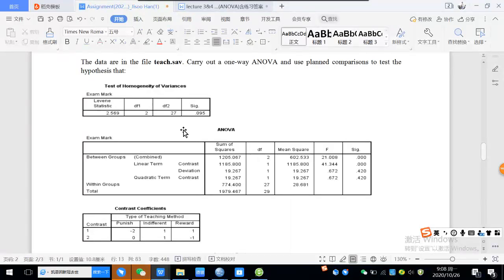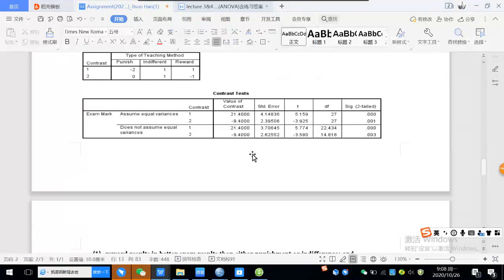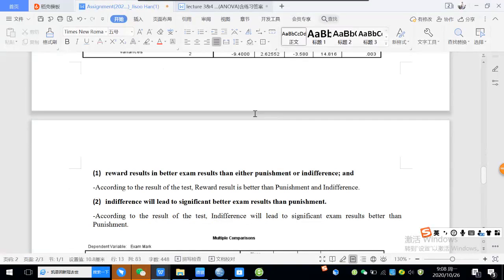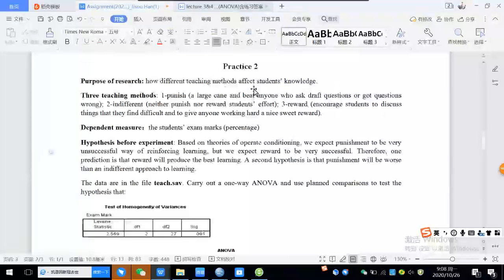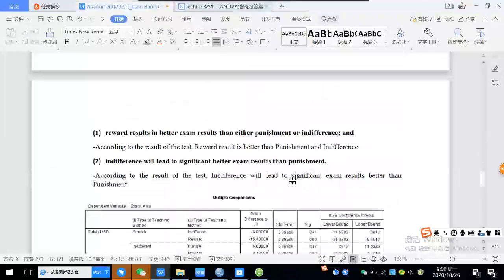Okay, so yes, I think Jinser has the wrong coefficient, but the method is correct. That's very good. If I didn't tell you to use the planned comparison, if I just asked you these two questions, then Jinser, yes, you are right. You can use the multiple comparison.